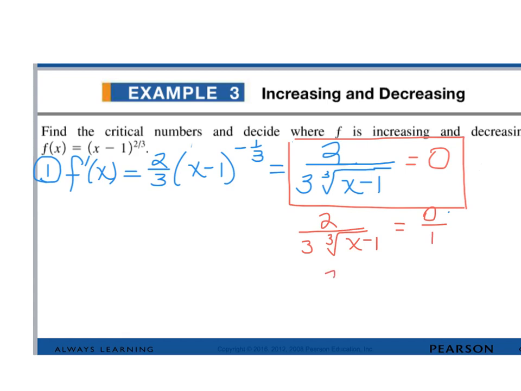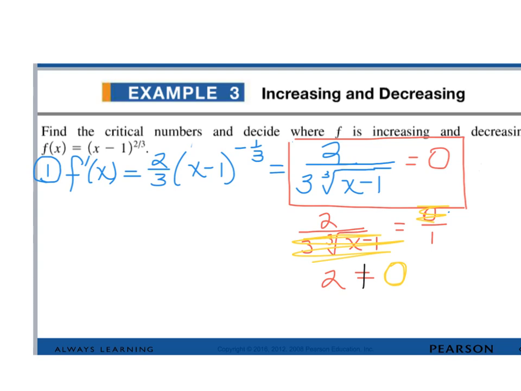And 2 times 1 is 2, but 3 times the cube root of x minus 1 times 0 turns out to be 0. And of course we know that that is not possible. So there is no x value that causes the derivative to be equal to 0.